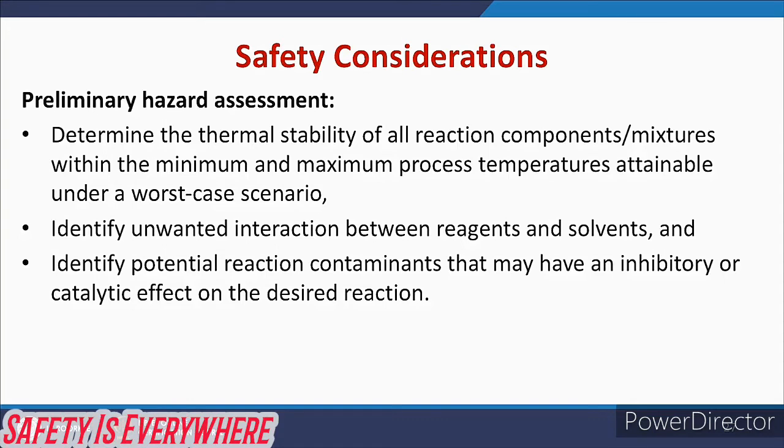Sometimes you need to identify the potential reaction contaminants that may have an inhibitory or catalytic effect on the desired reactions. Now another is the quantification of desired reactions. So you need to determine the heat of reaction and off-gas rates for the desired and quench reaction, including the heat resulting from accumulation of reagent or slow forming intermediates.